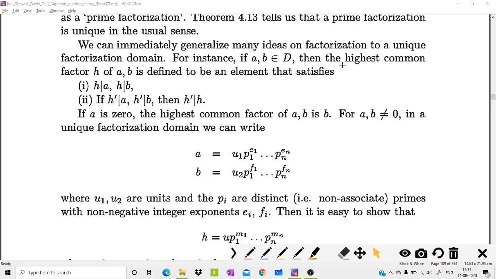Now you can define the highest common factor h of A, B and the least common multiple L of A, B. The definition of HCF is: h divides A, h divides B. If h prime divides A and B, then h prime should divide this h. This is the definition of highest common factor or HCF.